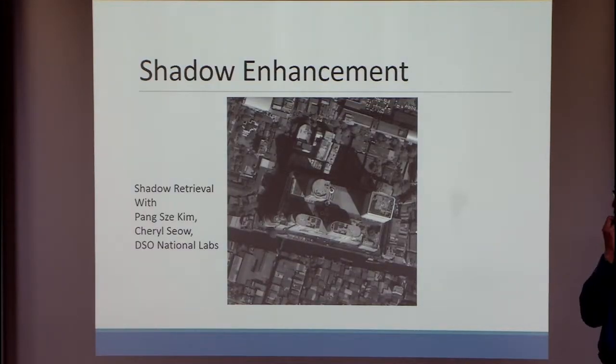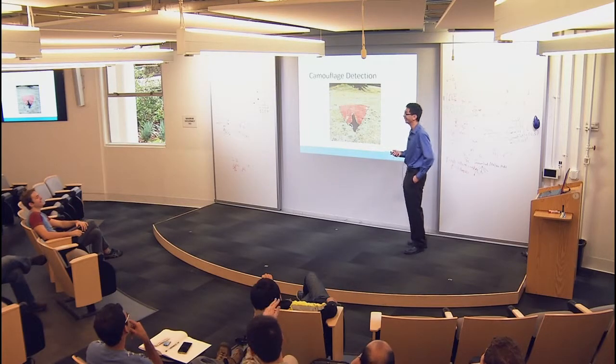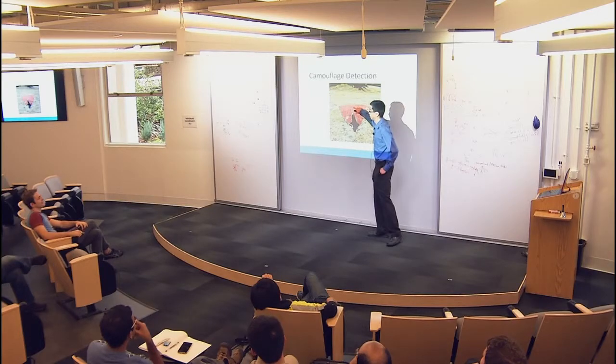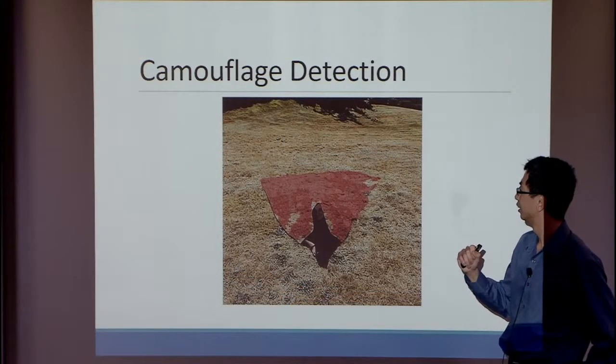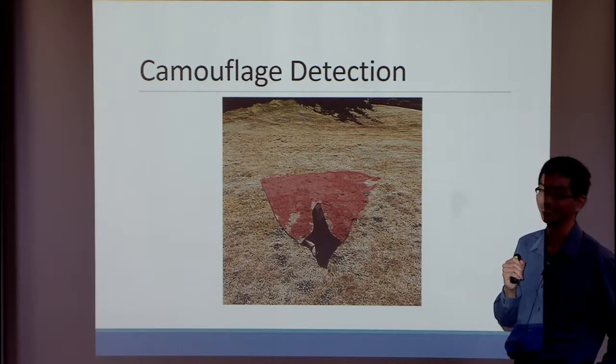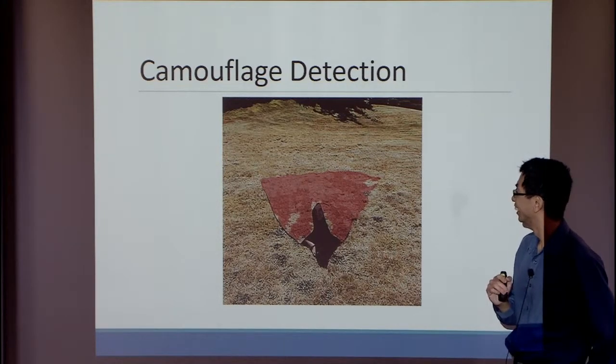Next one is shadow retrieval. This one is dark. Isn't this more impressive if the guy is not holding it open? But it detects the other end as well. I know, but it's more impressive if the guy is not holding it open. Can you do this? Yes, it can be done.